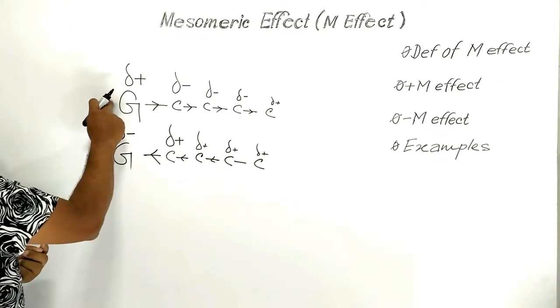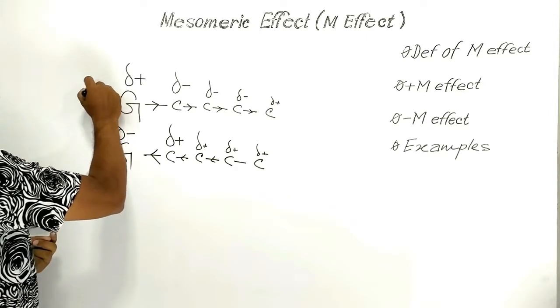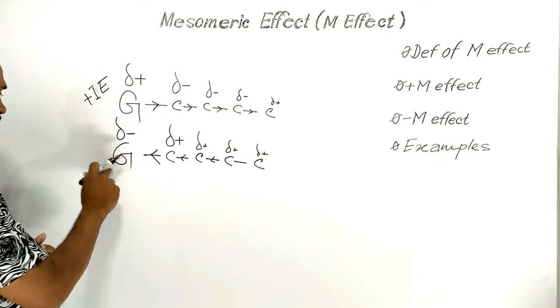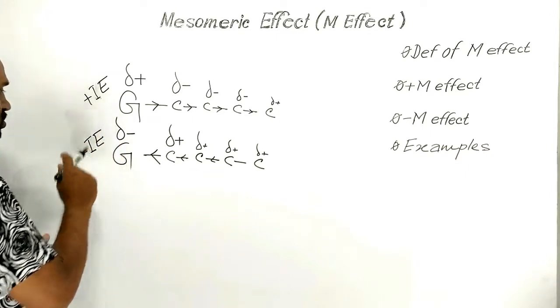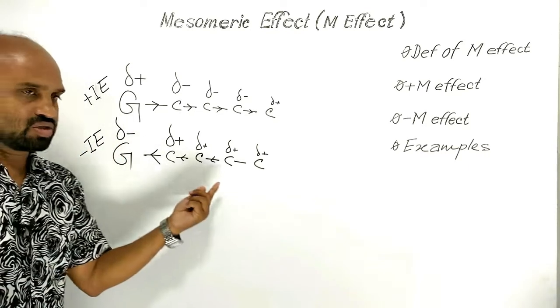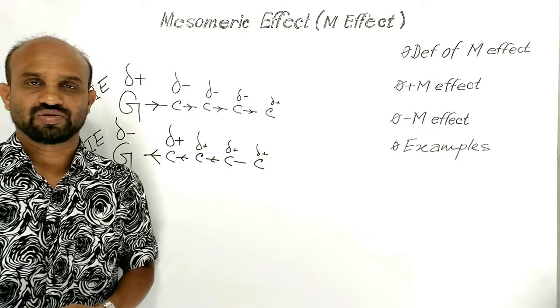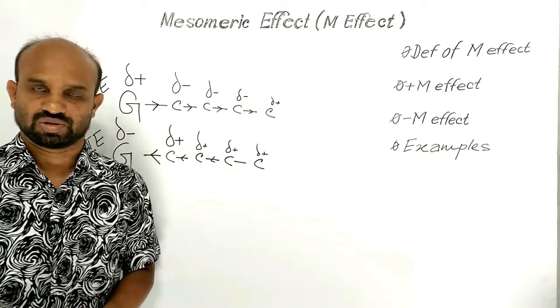And this group is called positive inductive effecting group, and this group is referred to as negative inductive effecting group. This total phenomenon is known as inductive effect that involves only sigma bonds.